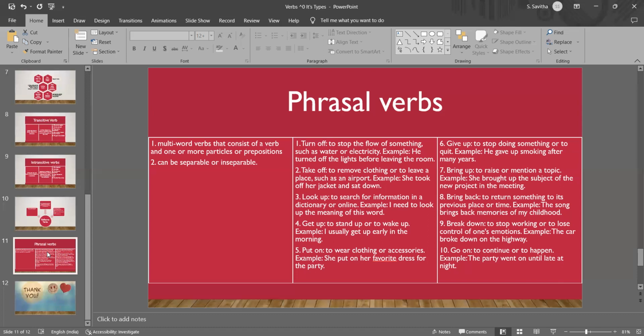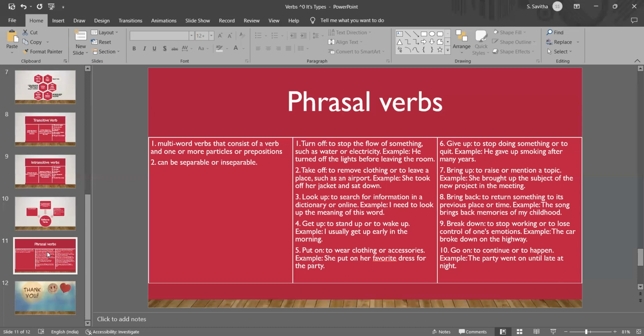Okay. So in this way, you have to understand the phrasal verbs. I have given a few examples related to that. You can go through the examples clearly. It's very important to note that phrasal verbs can be separable or inseparable. What are separable phrasal verbs?